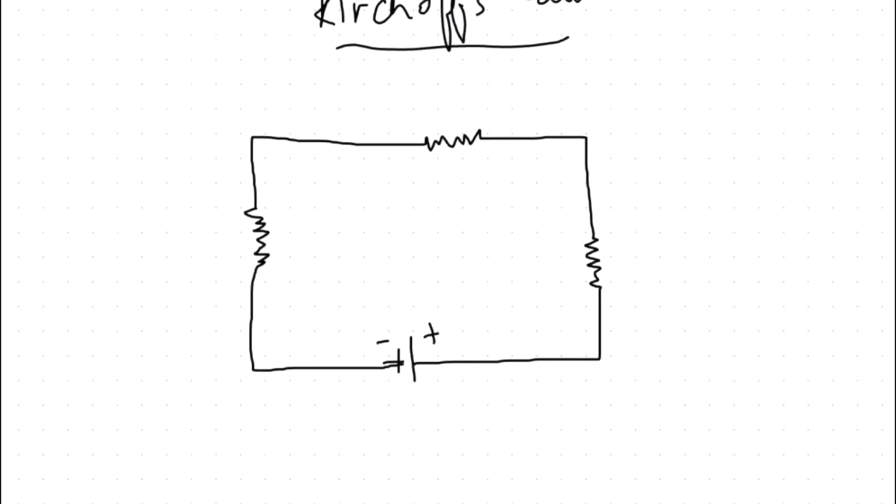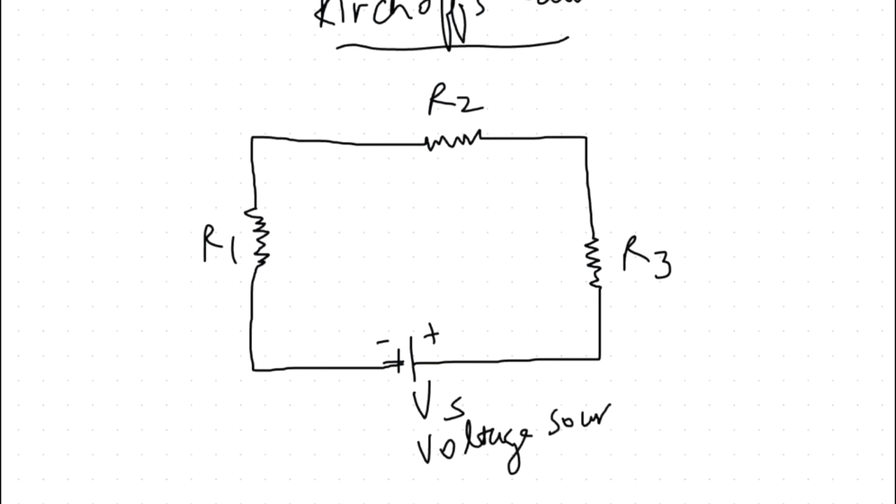Now let's say we have this as resistance R1, R2, and R3. And let's say we have a voltage source as Vs. This is basically our voltage source. So now this is the loop, and we have current flowing, which is I in the circuit.